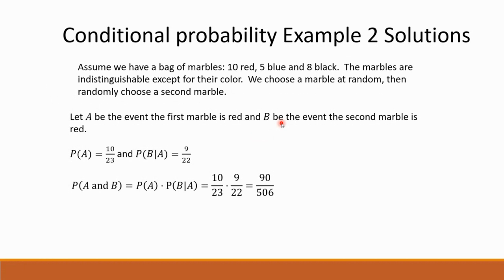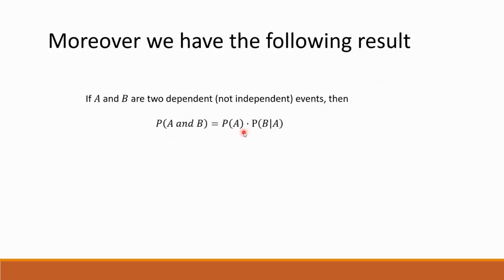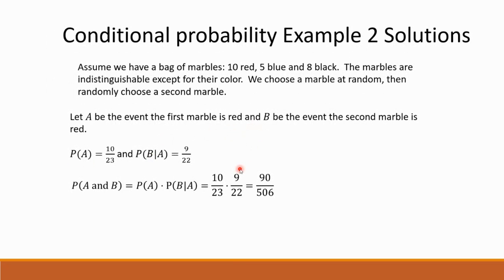So what we want is the probability that both A and B occur, because we want the probability that both marbles chosen are red. We have to get the probability of A first. That's 10 over 23, we saw that already. Again, we're using this formula where A is the event the first marble is red, B is the event the second marble is red.